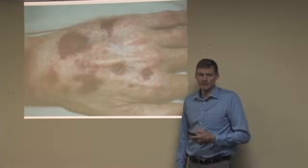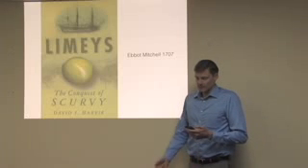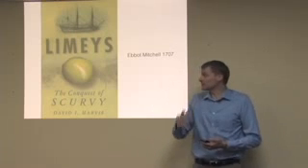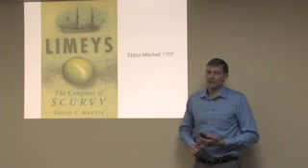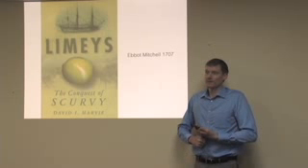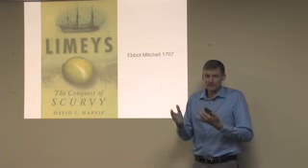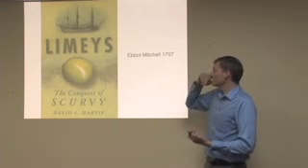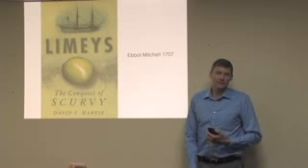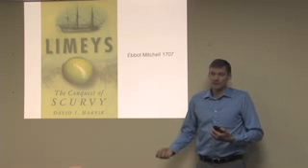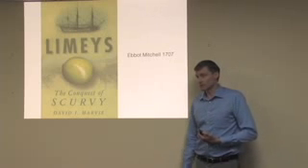Okay, so what is scurvy? Vitamin C deficiency. Yeah, scurvy is vitamin C deficiency. And what happens when you don't have enough vitamin C? The arteries break open and they tear. So here's a book called Limeys. This is why sailors were called limeys, because they ate limes to prevent scurvy. And they didn't eat oranges because oranges didn't last on the ship as long as limes did.